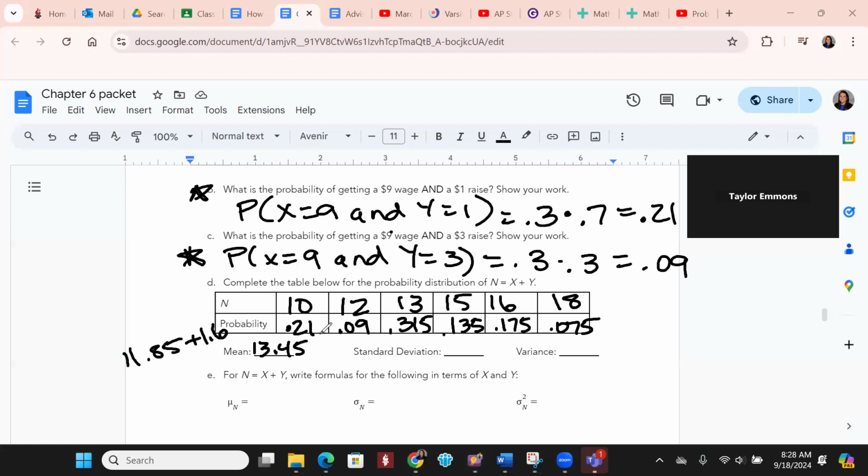How do we find the standard deviation? Okay, what if we added 2.22 plus 0.92?